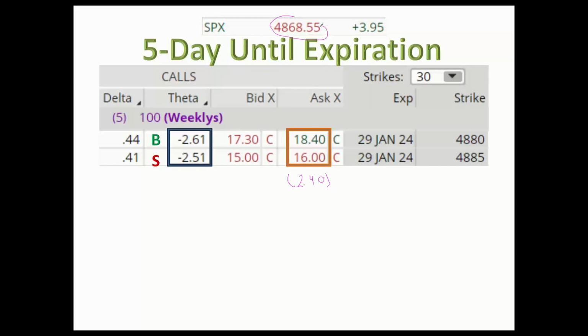So we don't bring deltas or anything else into the equation. Volatility hasn't changed, nothing. Here, see the difference between the two thetas is 10 cents. So this spread will go from 240 to 230 if the market doesn't move.